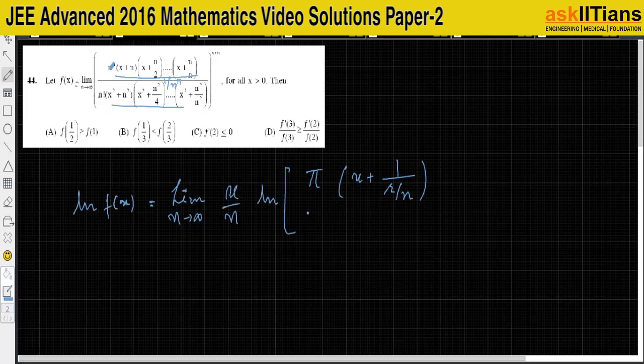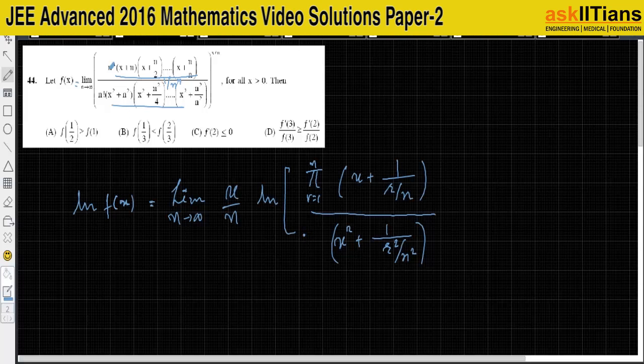And this is a product, pi, r going from 1 to n, of this thing, divided by, again here I'll get x square plus r square by n square. Again I am doing the same thing, taking n outside.